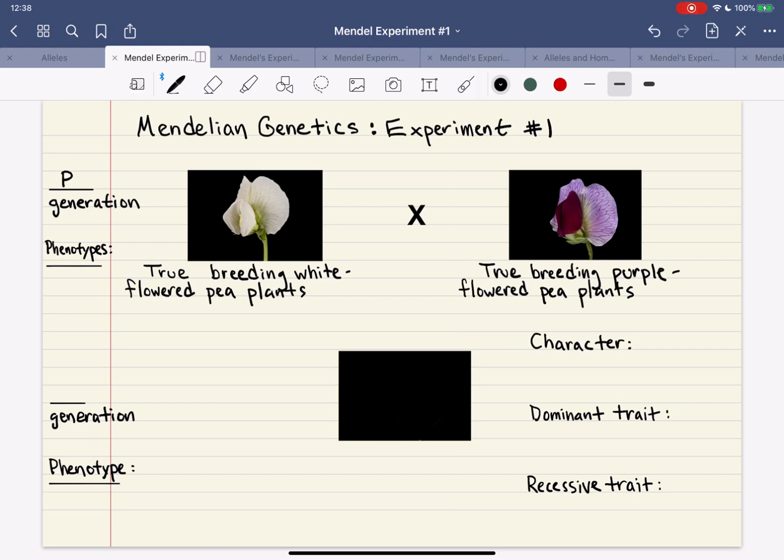Here are the phenotypes, which we've said a few times, of the two parents. One's purple, one's white. What's our character? Our character is flower color. Now at this point, we don't know what the dominant trait is. We will soon find out.